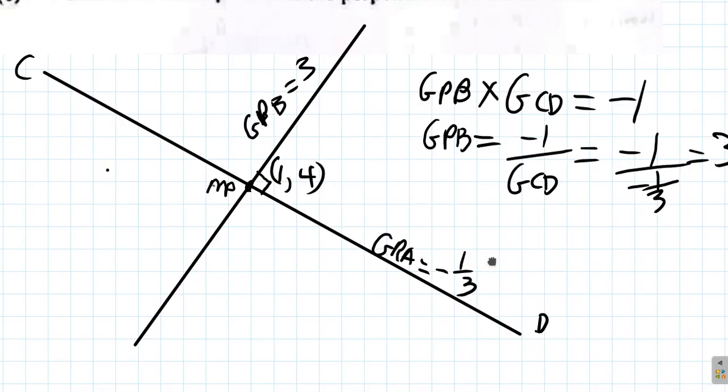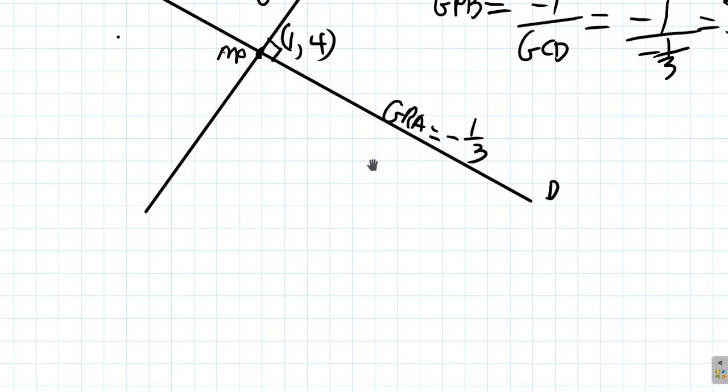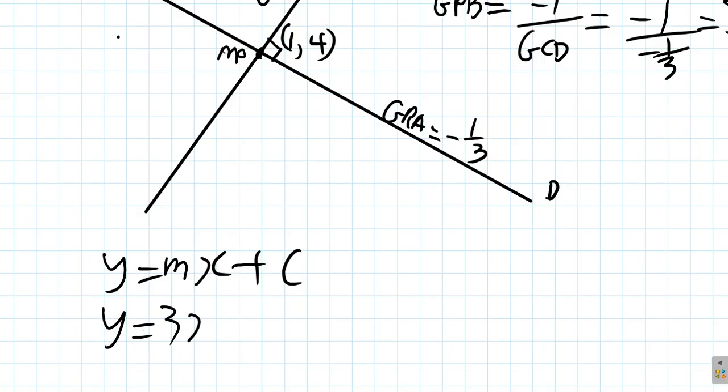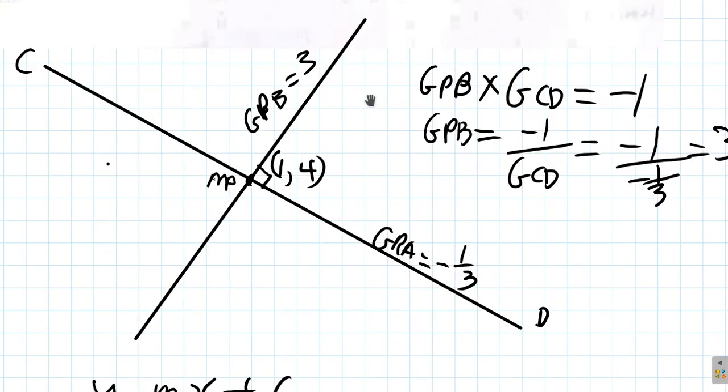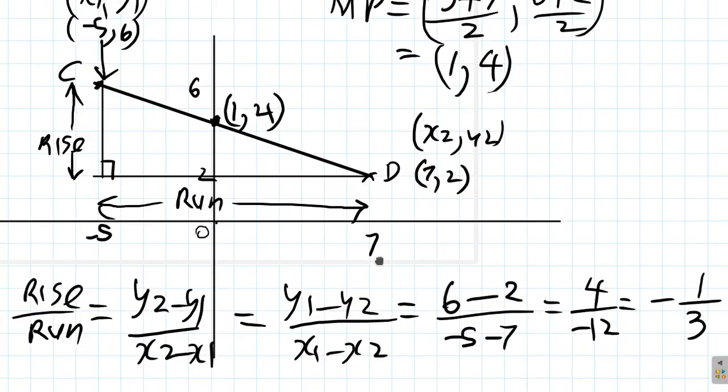Now, remember the general form of a straight line is y is equal to mx plus c, where m is the gradient. We have part of it here. We know the gradient. So y is equal to 3x plus c. Now c would be the point where the line intersects the y-axis, alright?